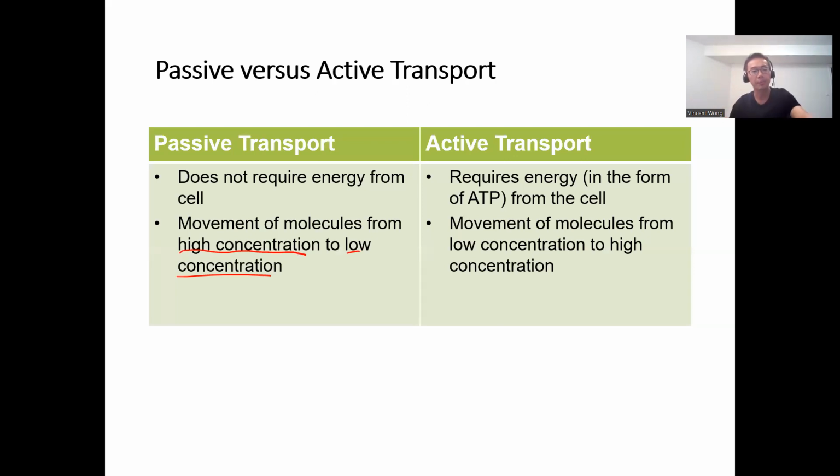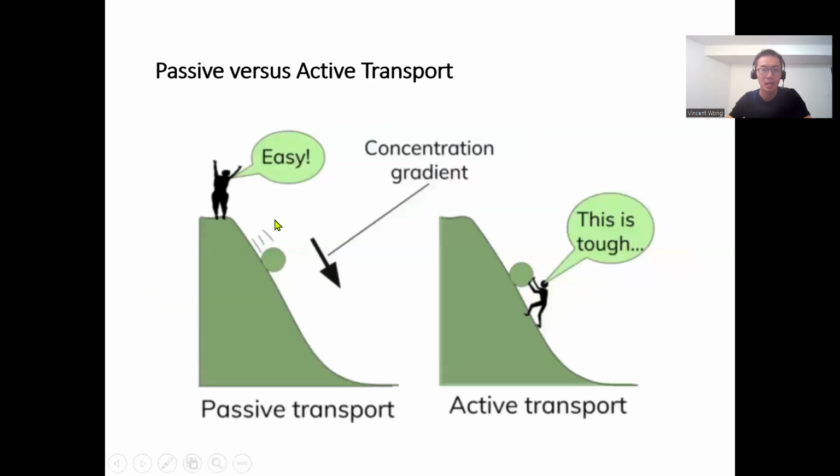the cell membrane. On the other hand, we have active transport, and that requires ATP. The movement is going in the opposite direction. It's going from low concentration to high concentration. The best way to think about this is rolling a ball downhill. That requires no effort. It's going down the concentration gradient.